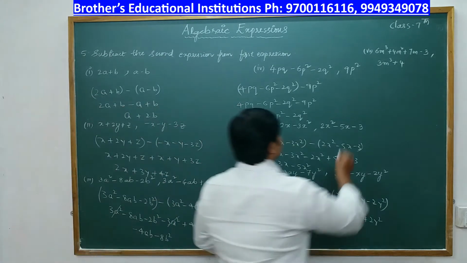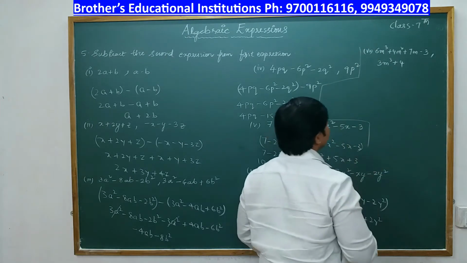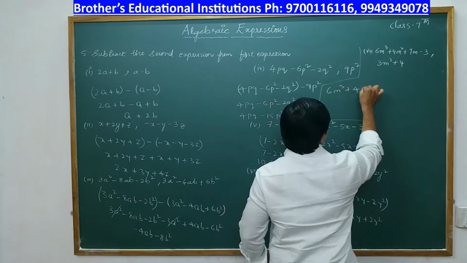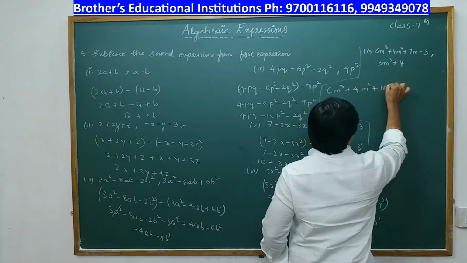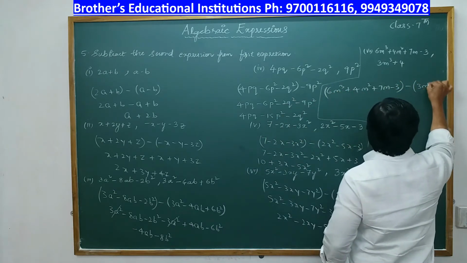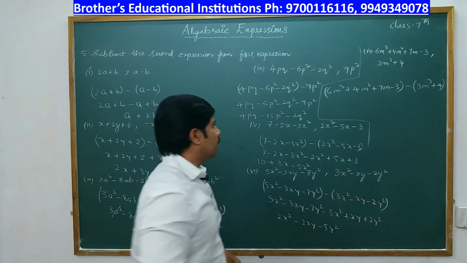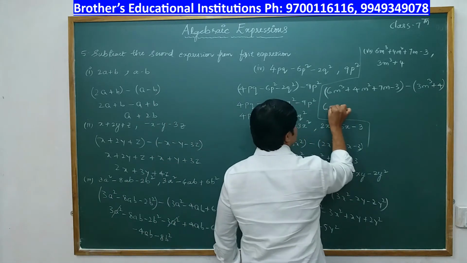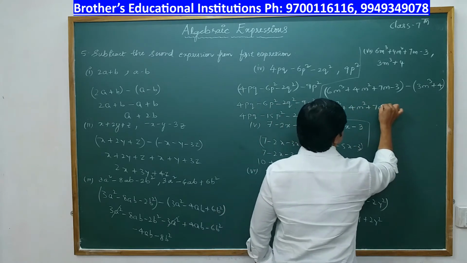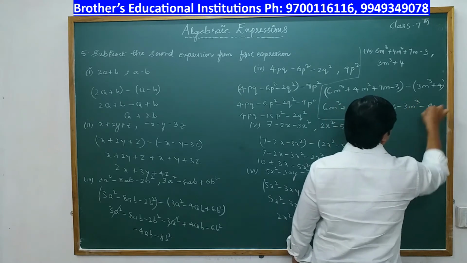Now we'll go to the next one. In this one, first we write the first expression 6m cube plus 4m square plus 7m minus 3 minus of 3m cube plus 4, right? Now after that, 6m cube plus 4m square plus 7m minus 3 minus 3m cube minus 4.